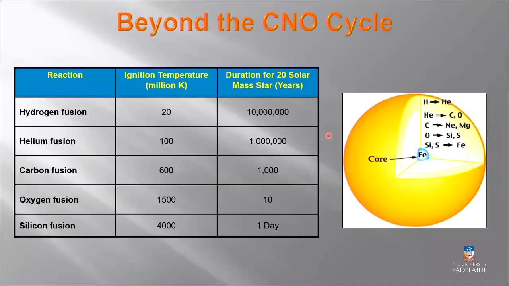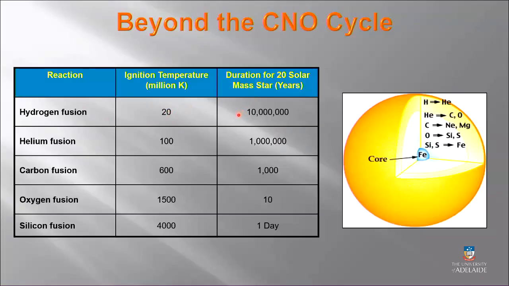So what happens after the CNO cycle? Well, if a star is greater than about 8 solar masses, it goes through this process. Like a low mass star, it'll start off fusing hydrogen at 20 million Kelvin. And for a 20 solar mass star, this only lasts for about 10 million years.